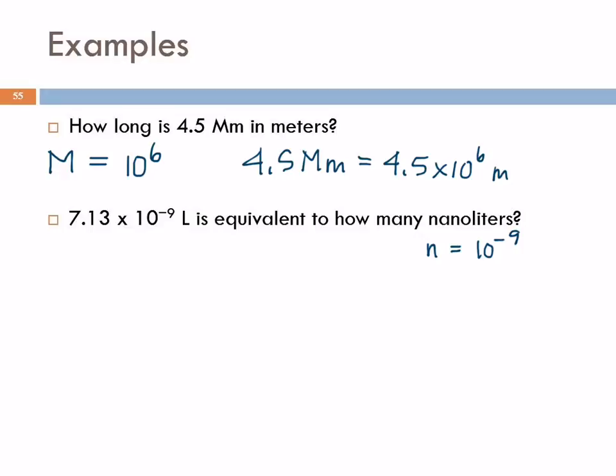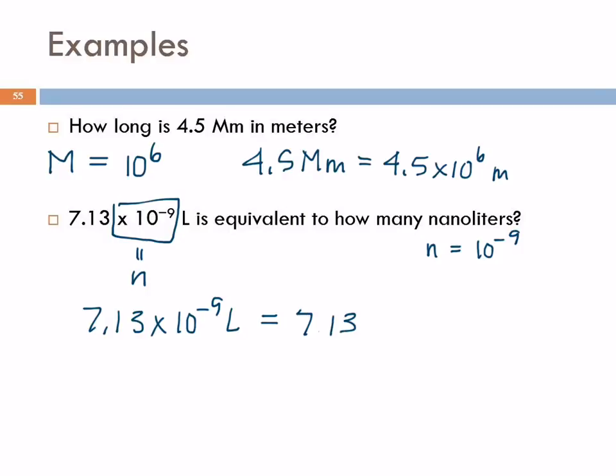This part of the number is equal to the n. N stands in for 10 to the minus 9. So 7.13 times 10 to the minus 9 liters is the same as 7.13 nanoliters.